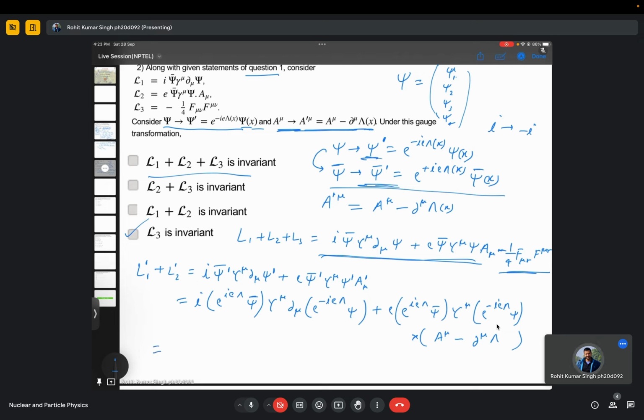Okay, now let's differentiate this in this step. So here we have i e to the power i lambda psi prime gamma mu, and here are two functions. Okay, and you know that lambda is also a function of x, so we'll have to follow the chain rule of differentiation.